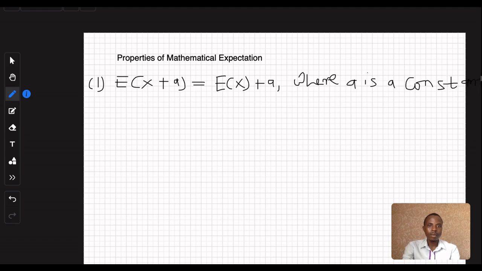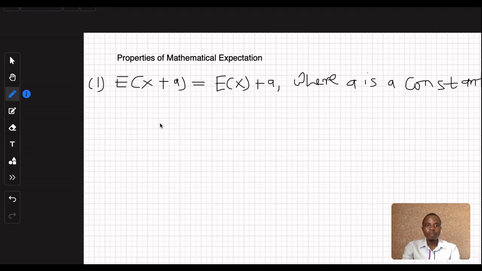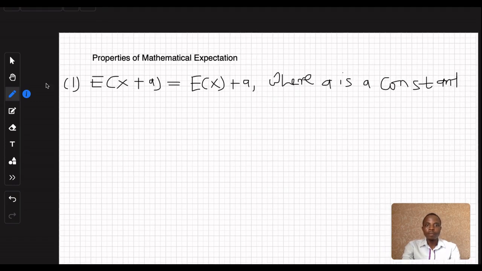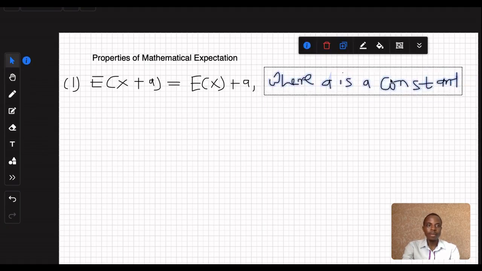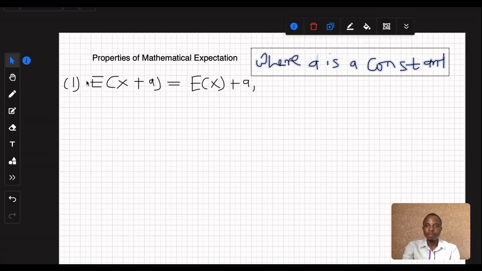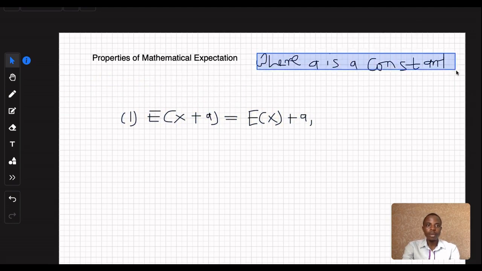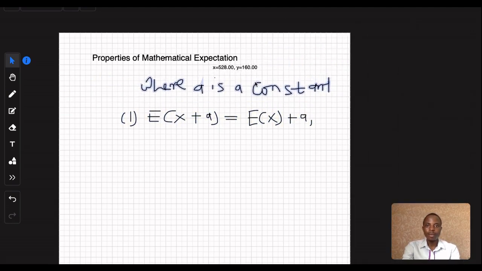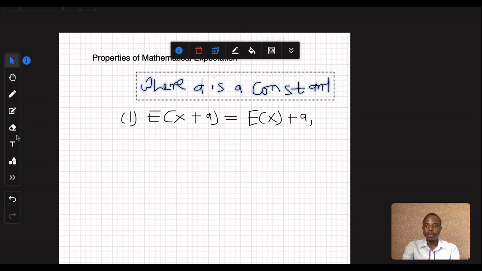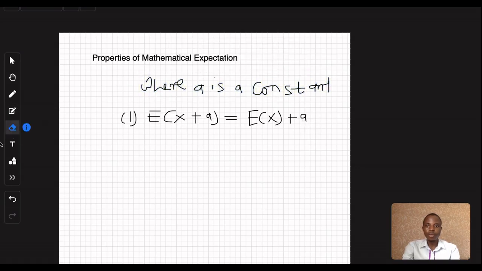Now, please note that that applies to other places where you'll be seeing A. So let me put that as a general statement: where A is a constant, the expected value of X plus A will give us what we have there.